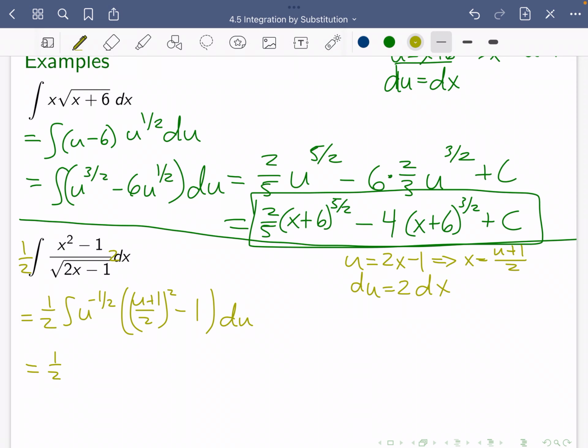If we make that change, then that top part, this stuff right here, is going to FOIL out to, let's see, we'll have u squared plus 2u plus 1 over 4 minus 1.